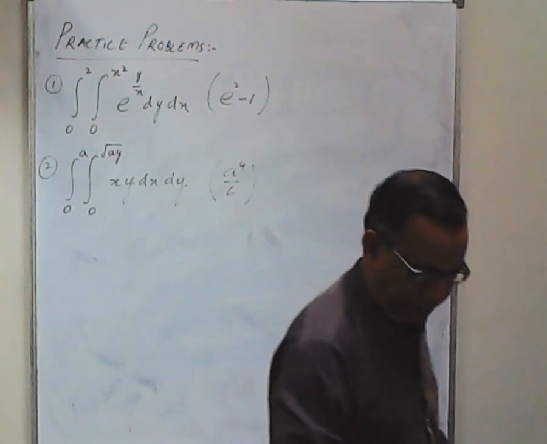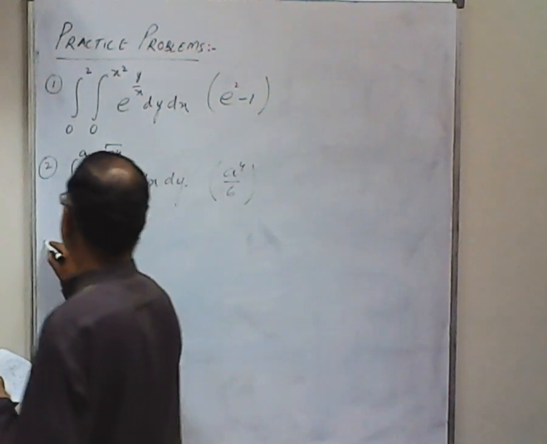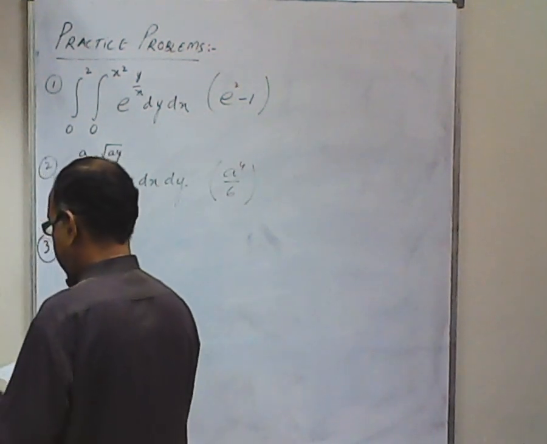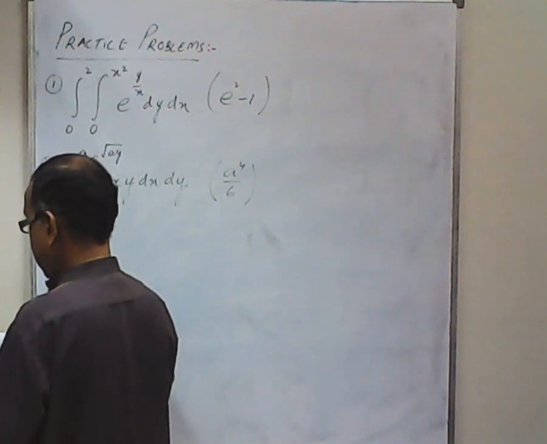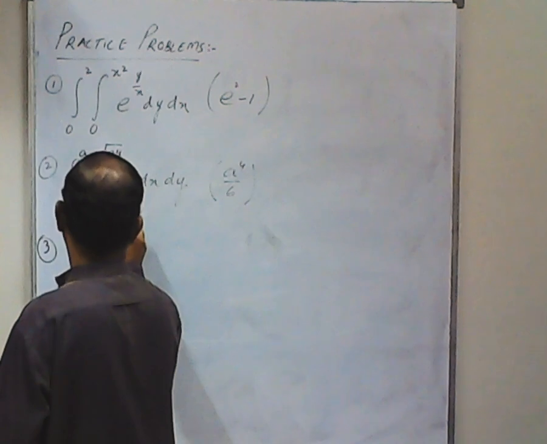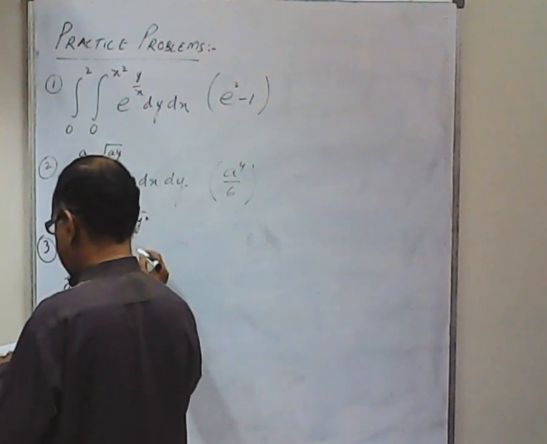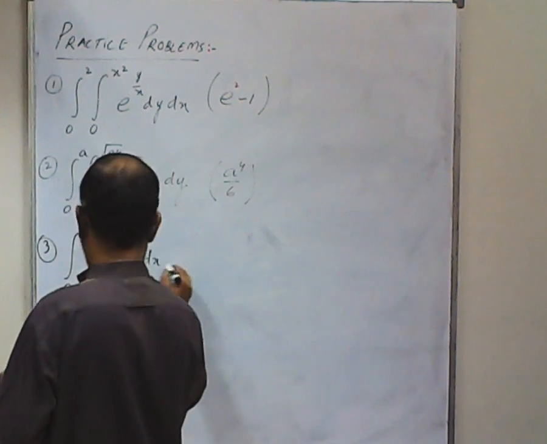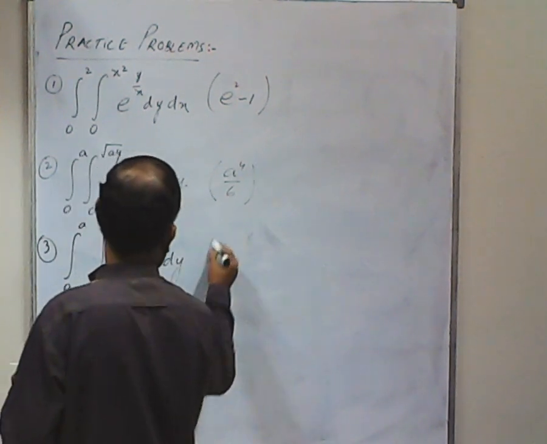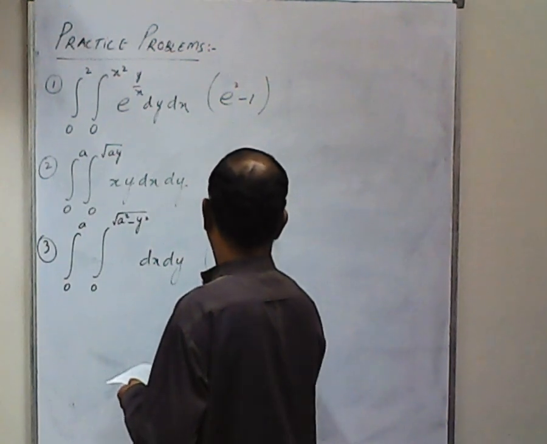Then another example, number 3. In number 3 we have 0 to a and 0 to under root a square minus y square, and we have only dx dy, and the answer is pi a square upon 4.